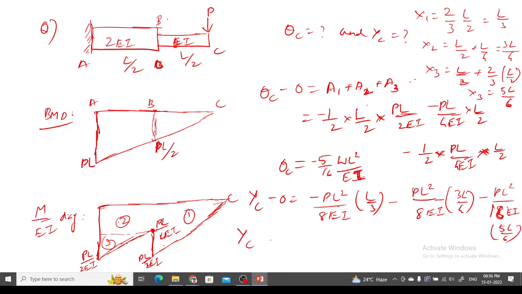So on simplifying this, everyone should get the answer as 3 by 16 PL cube by EI. Direction is downwards. Yes, sir. So this change in EI value, everything is clear, right? Okay.